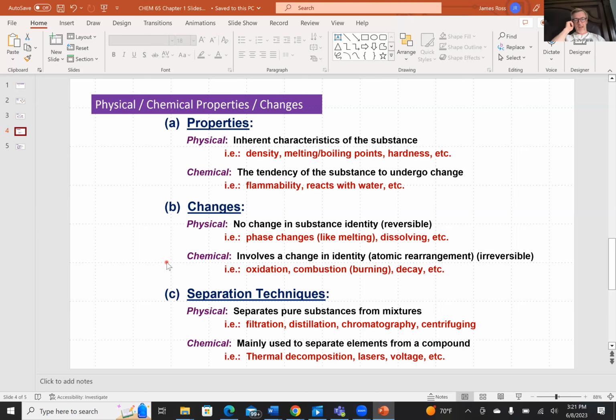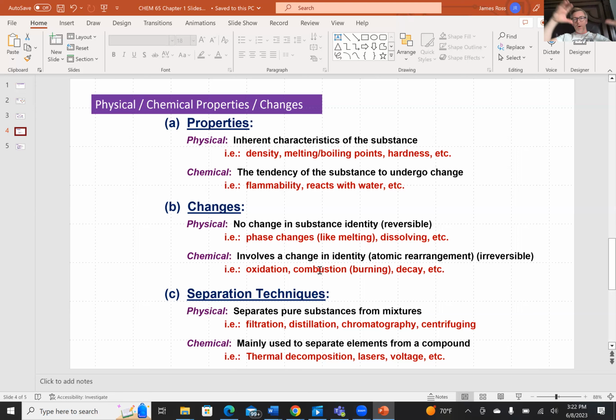Chemical changes, on the other hand, are irreversible changes. For example, burning. If you take some wood, set fire to it, and burn it, you cannot collect the ash at the end, the sound produced from the crackling flames, the light that was given off, the smoke, or the energy needed to maybe cook your hot dogs on a grill.